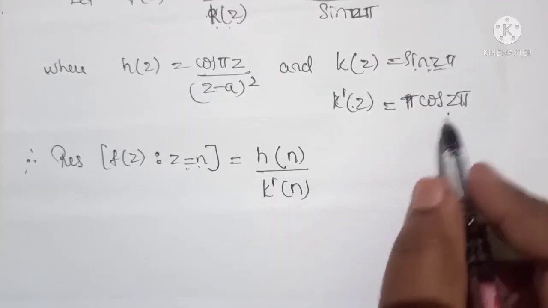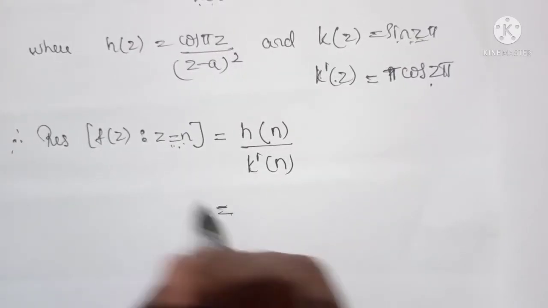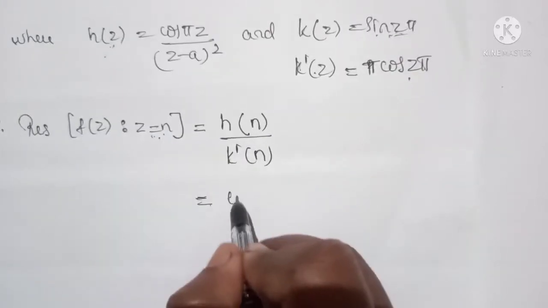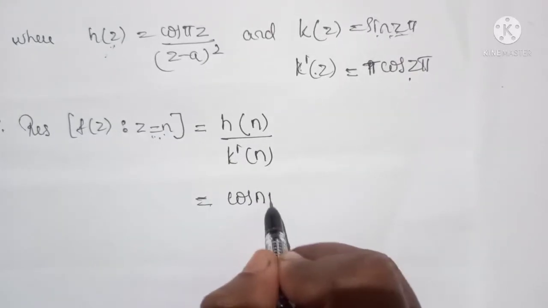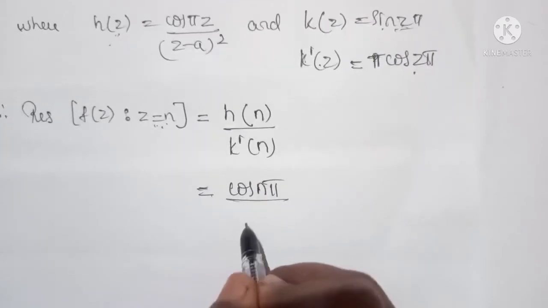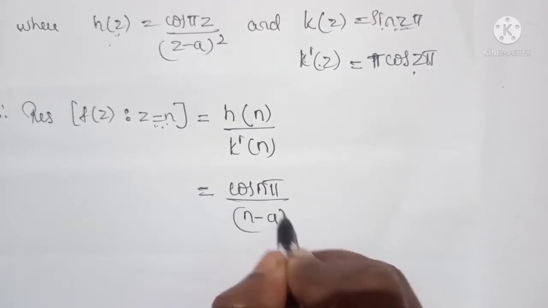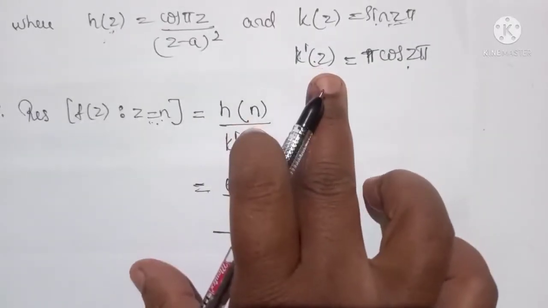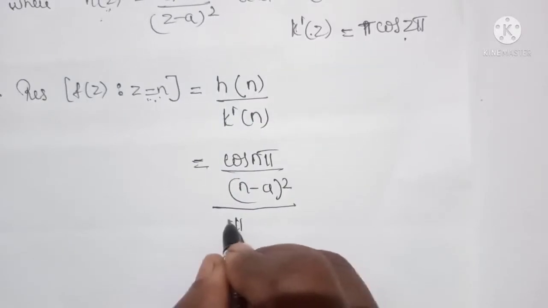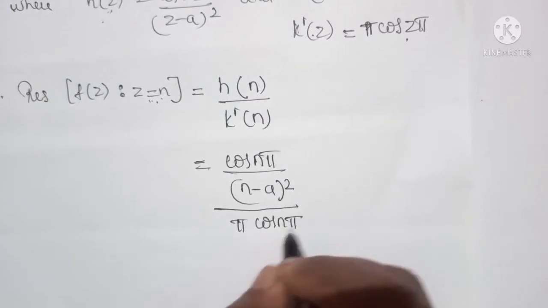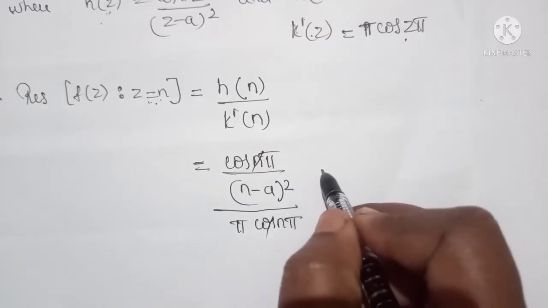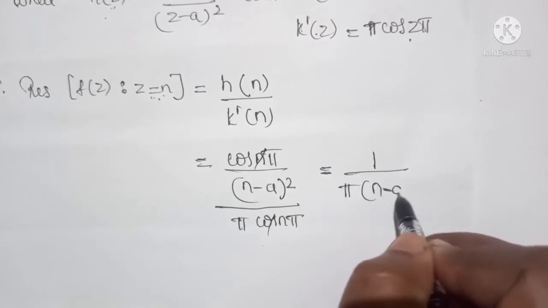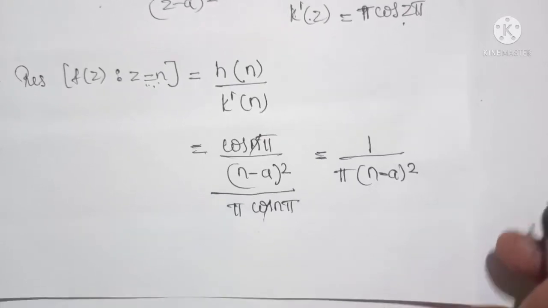In the place of z we substitute n, so we get cos n pi divided by n minus a whole square, divided by k dash of n, which is pi cos n pi. The cos n pi cancels, and we get 1 divided by pi into n minus a whole square.